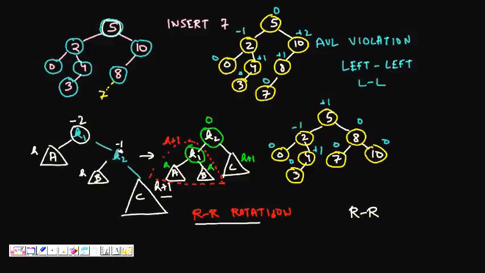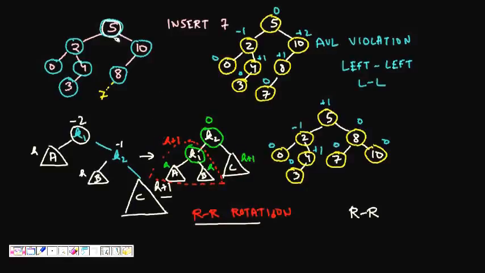Because K2 is greater than K1, K1 can become the left child of K2. Now K2 had already got a left subtree B, and everything in B is greater than K1, so I can make it the right subtree of K1. And everything in B is still less than K2, so it is in the left subtree of K2. This is the RR rotation.